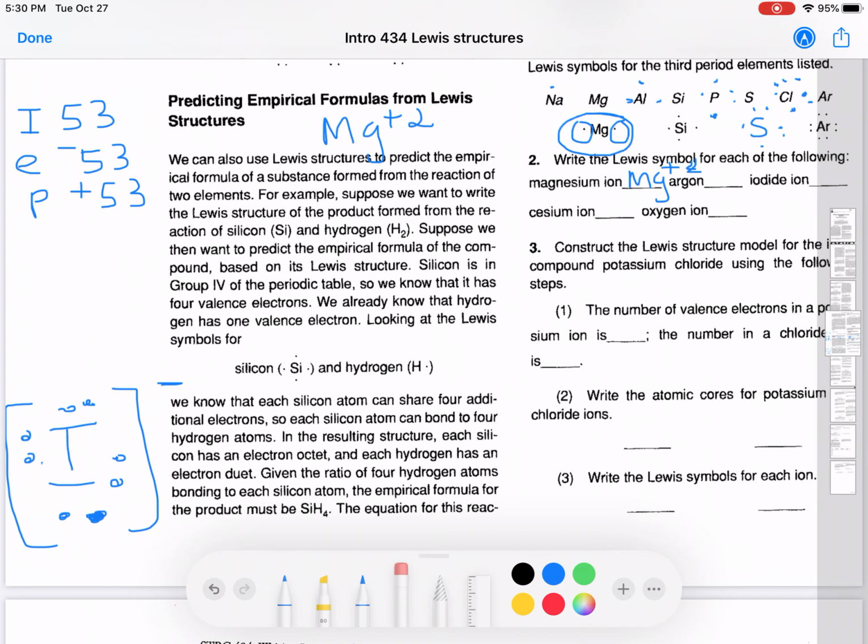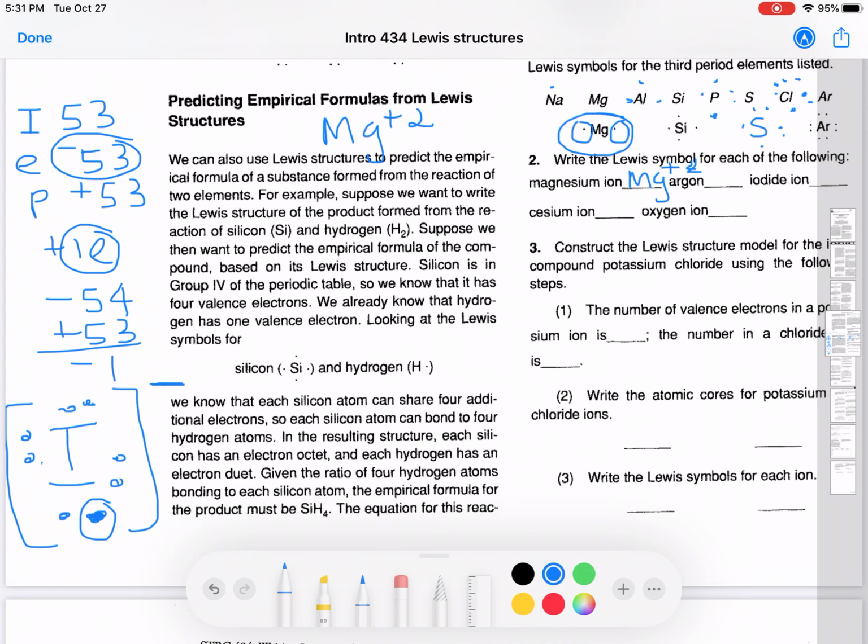So the 53 electrons are negatively charged, and another electron will make the total negative 54. Nothing happened to the protons. So the net charge of the ion is -1. So when iodine gains an electron, we say it is I minus 1, iodide. Okay. That's the iodide ion.